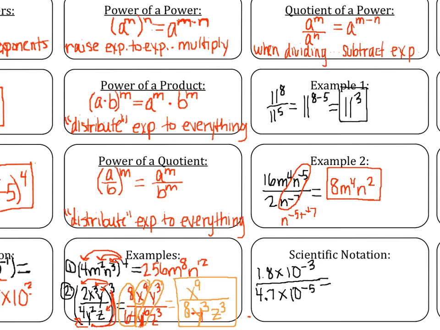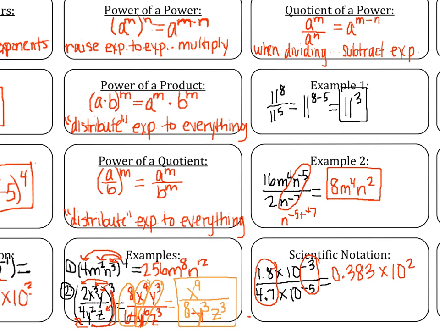Okay, so to reduce this, we're going to reduce up and down again. So we're going to reduce this, 1.8 divided by 4.7, and that's 0.383. Then we're going to have times 10 to the, we need to subtract our exponents. Negative 3 minus a negative 5 is positive 2.